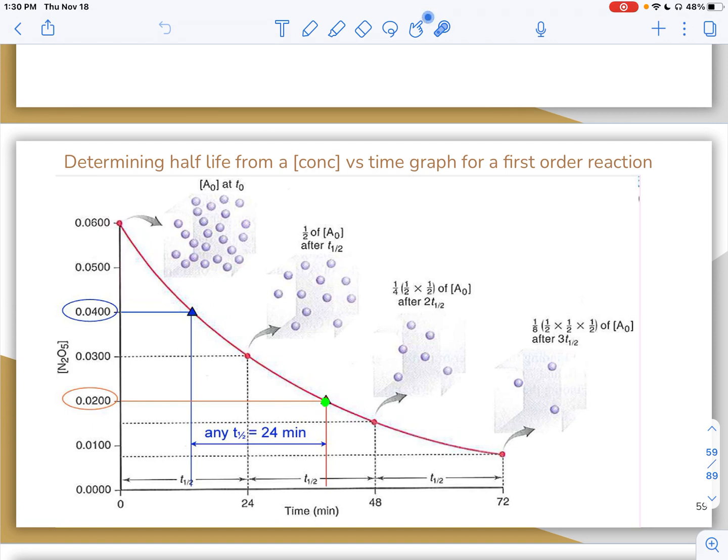To figure out the half-life, you just look at how much time it took for it to decrease by half. It was 24 minutes. If you picked another set, for example 0.03 and then 0.015, because that's half of that, that's also 24 minutes. So you can see that no matter what half concentration you pick, you come out to the same half-life.